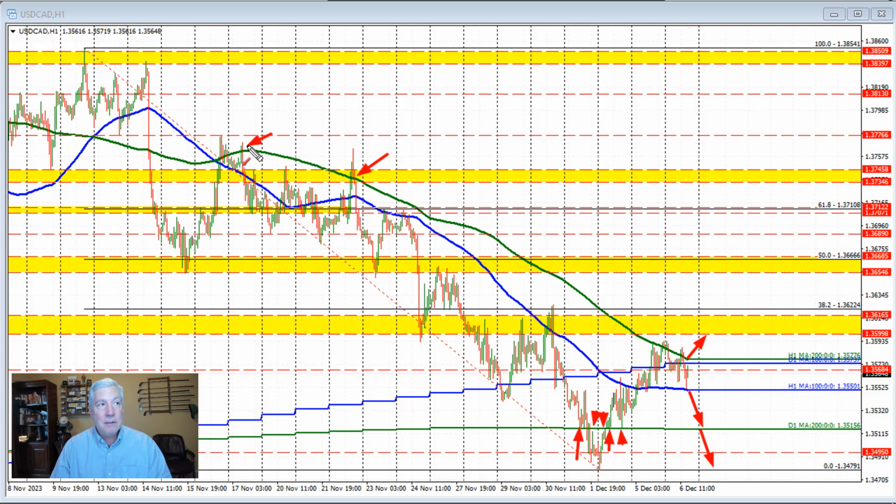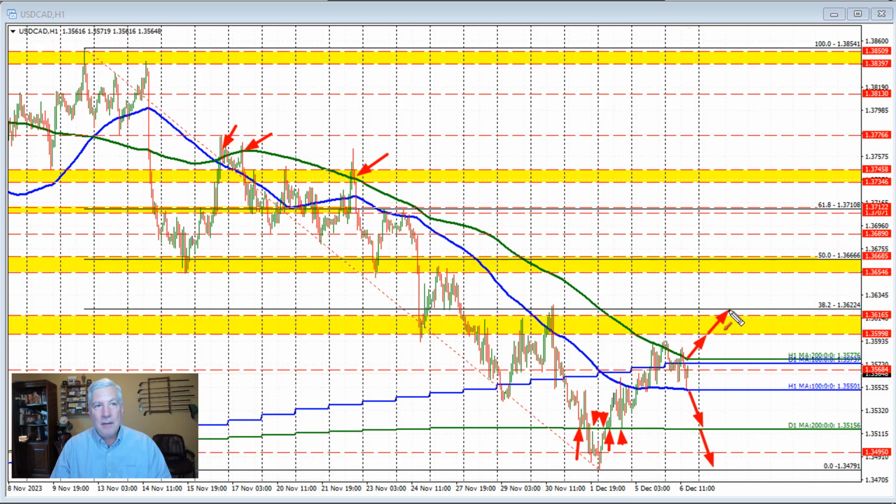Going back in time, we have had difficulty staying above the 200-hour moving average going back to mid-November, where we moved above it, failed, moved above it, failed, moved above it, failed, and in trading again yesterday and today, the price moved above the 200-hour moving average and failed twice on that attempt. So getting and staying above that level is a key for this pair.